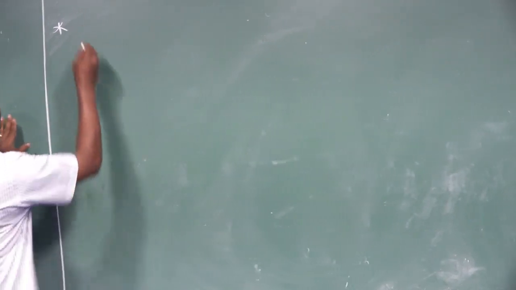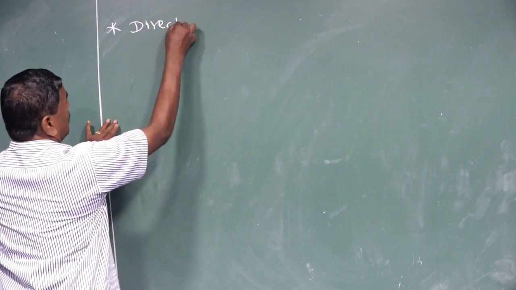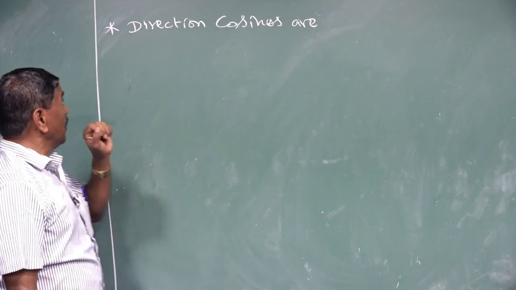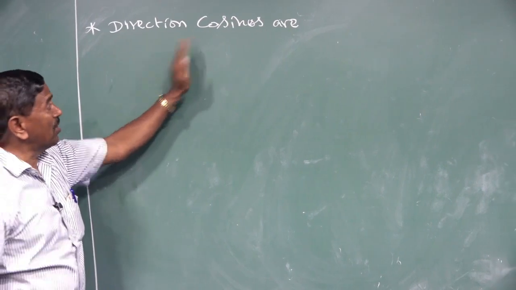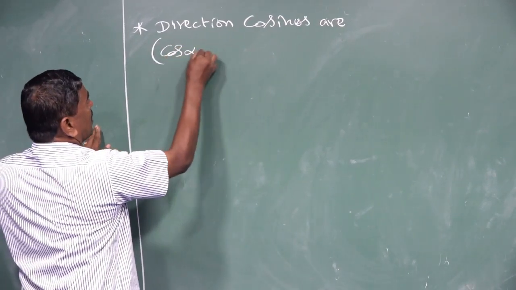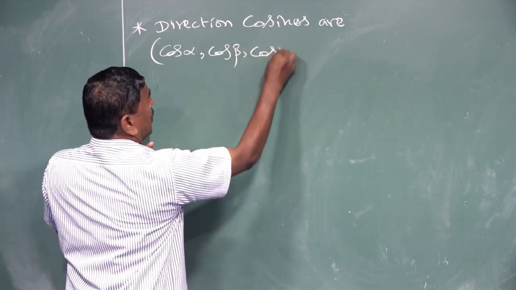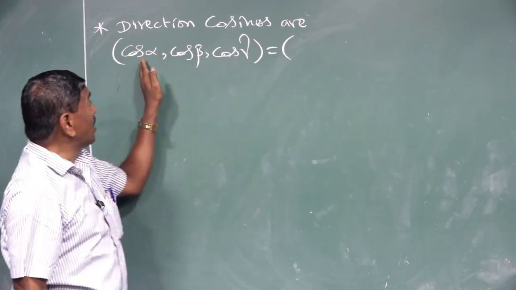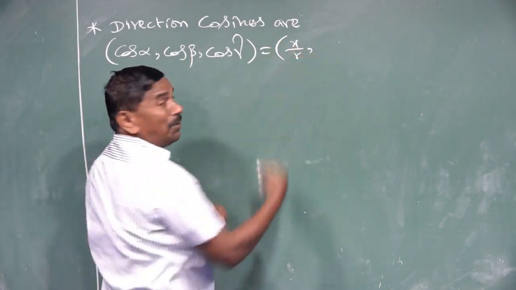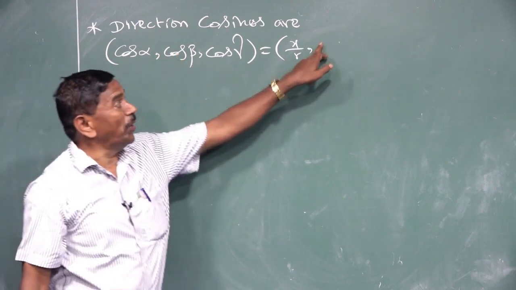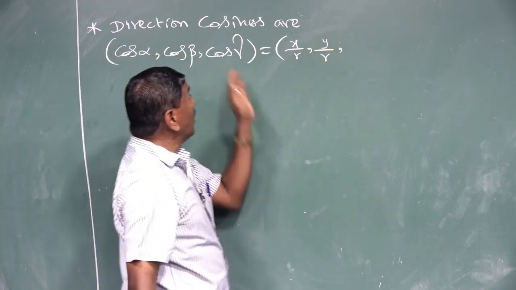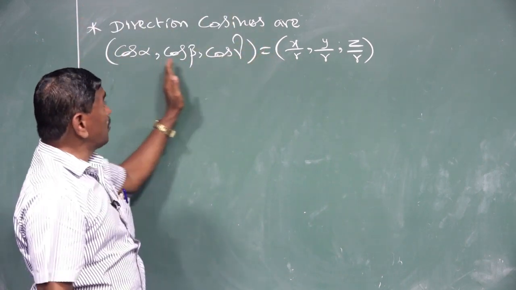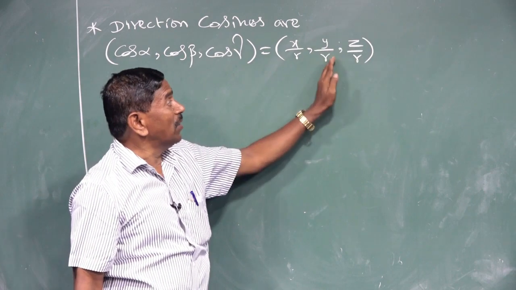Therefore, the direction cosines cos alpha, cos beta, cos gamma are equal to x by r, y by r, z by r.